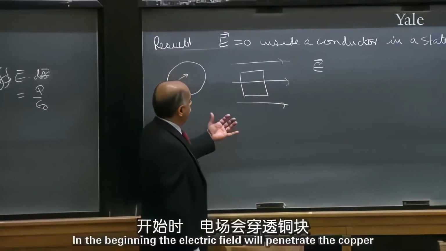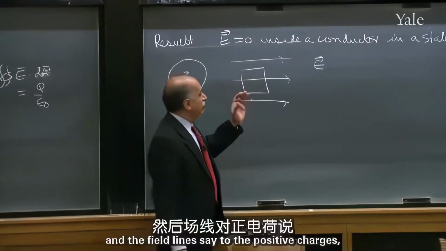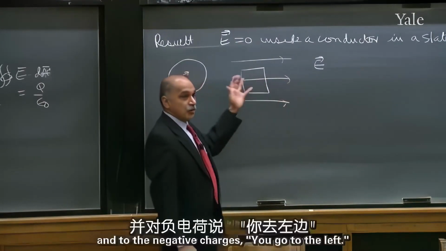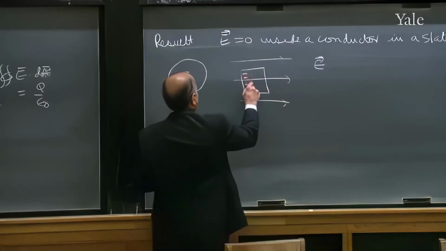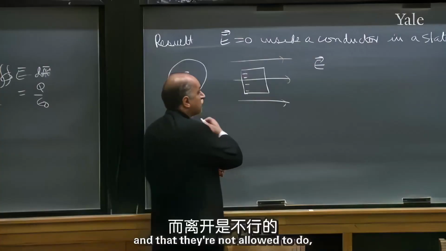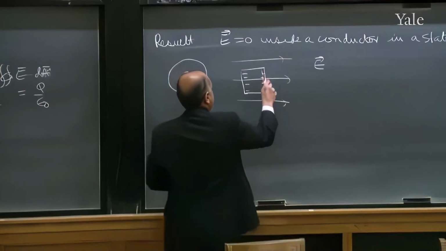In the beginning, the electric field will penetrate the copper, and the field lines say to the positive charges, you go to the right, and to the negative charges, you go to the left. Negative charges will race to the left till they cannot go anymore without leaving the solid, and that they are not allowed to do, leaving behind some deficit on the other side.